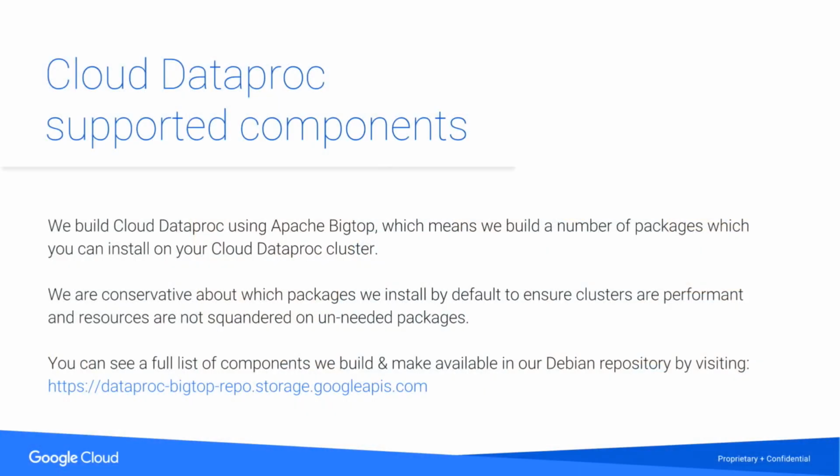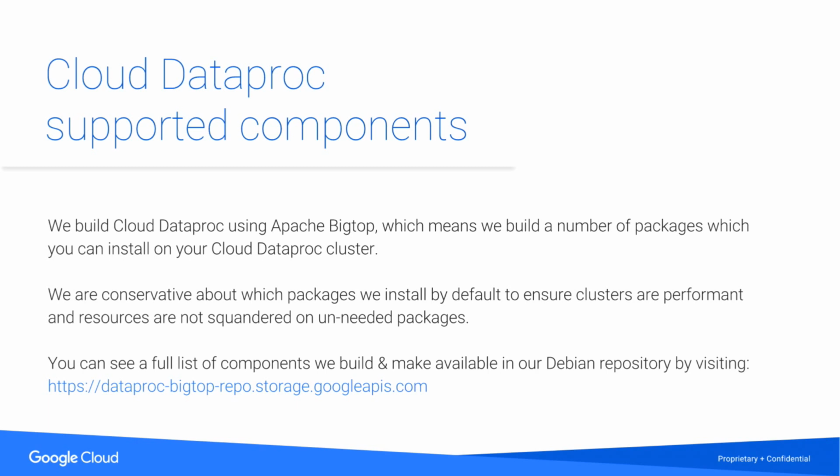Okay, coming back to the components. As I discussed initially, if you Google Big Data Ecosystem 2017, you get tons of components, and over the years I've seen the number of components keep increasing. So we maintain our own repository for Cloud Dataproc. There is an open source project called Apache BigTop, and the distributions we build are all present at the URL you see on your screens.